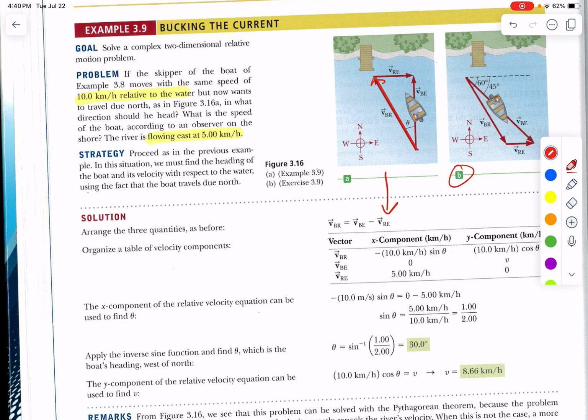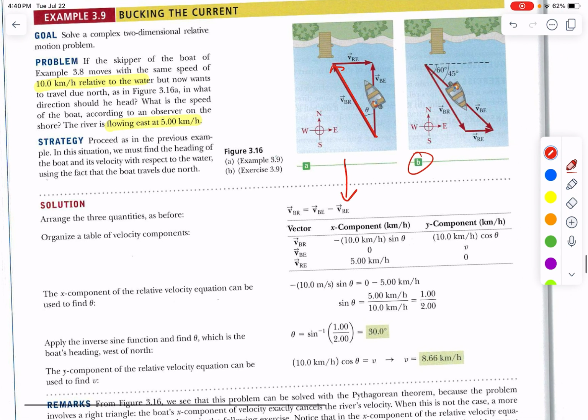And so when we want to find the velocity of the boat with respect to the river, we've got these 2 components right here. We're going to have to componentize this vector right there. Here's my y component, and there's my x component. Notice that the x component here to compensate for the river is going to be negative. And the y component is going to be positive.